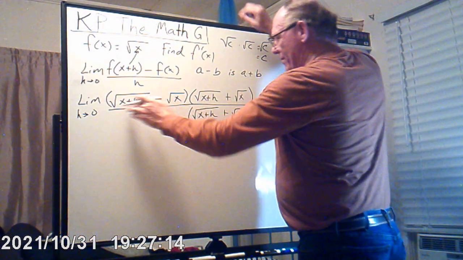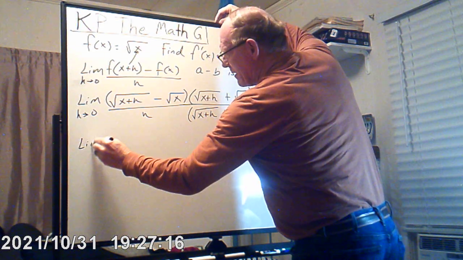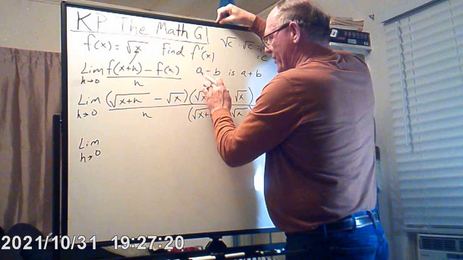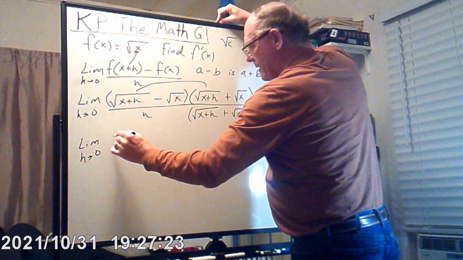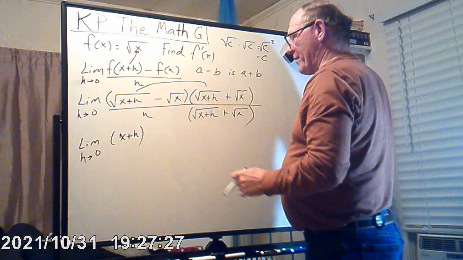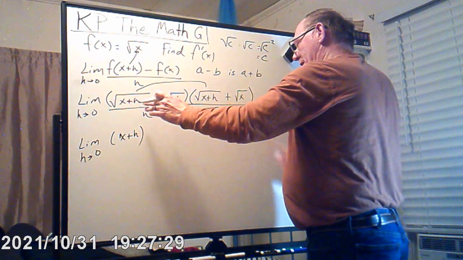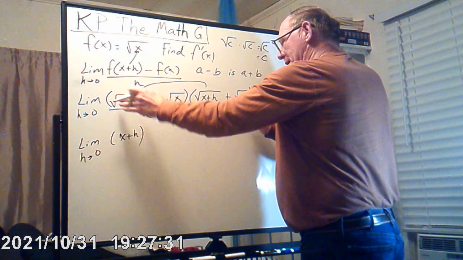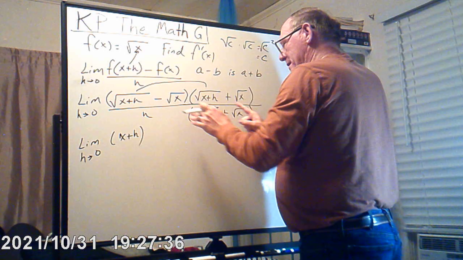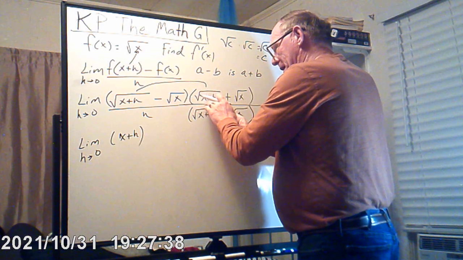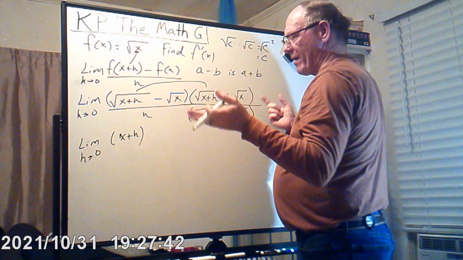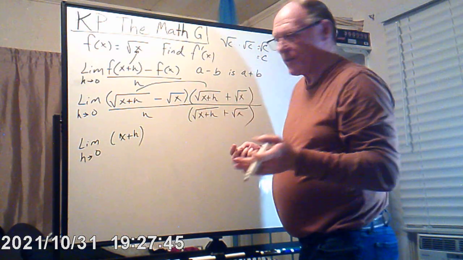So what we have here is the limit as h approaches 0, and this times this is just x plus h. Then if we multiply this out, we get the square root of x plus h times the square root of x, and then the square root of x plus h again times the square root of x, and one is minus and the other is plus, so they will cancel each other out.